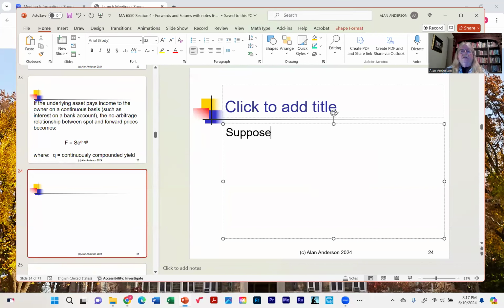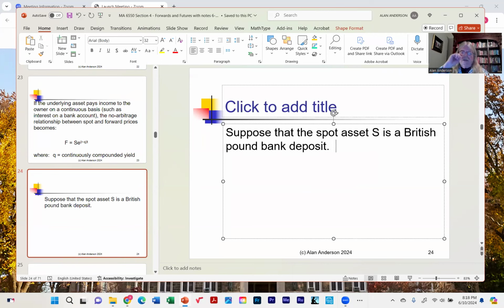Suppose that the spot asset S is a British pound bank deposit. So in other words, let's say I'm an American company and I have an account with Barclays in London and I've deposited 1 million British pounds.